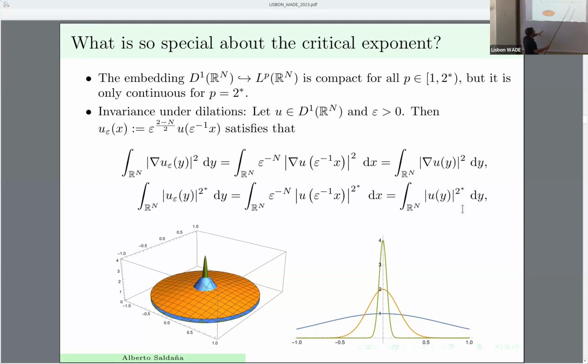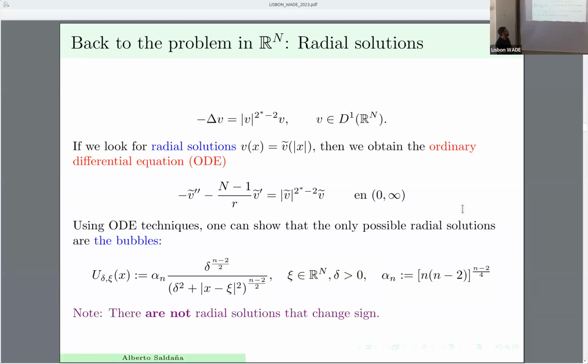This part here makes everything concentrated in one point. And then this term here, which has a negative exponent, tells me that it's going to be blowing up at that point as epsilon goes to 0. Okay, so dilations make my energy functional invariant. And this is a source of lack of compactness for problems with the critical exponent.